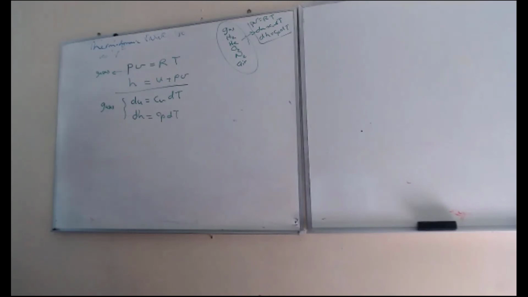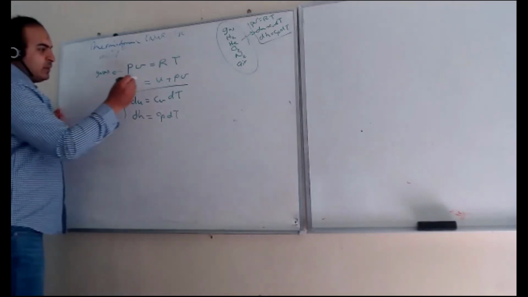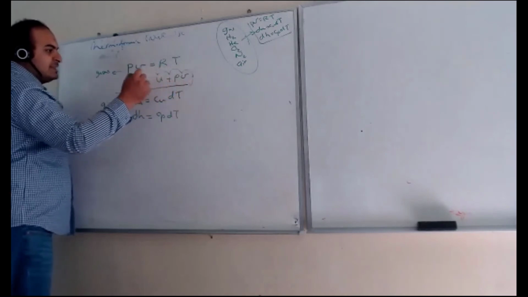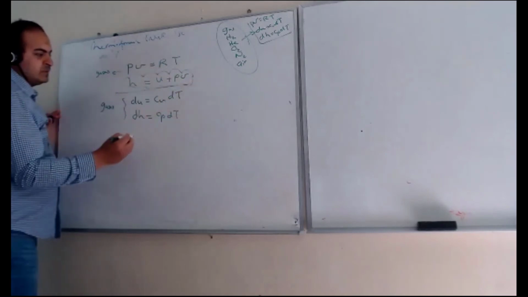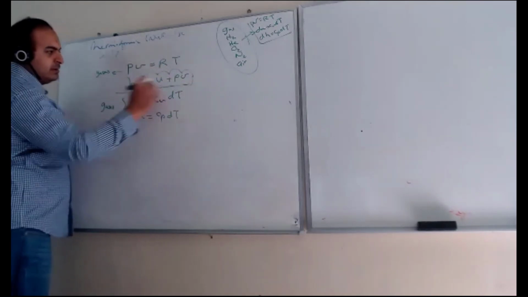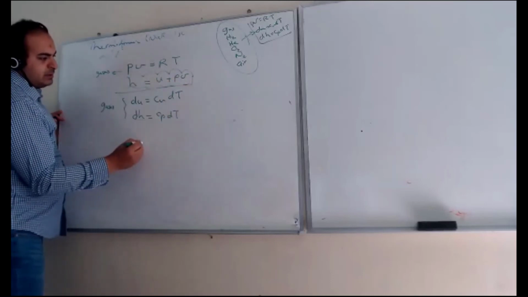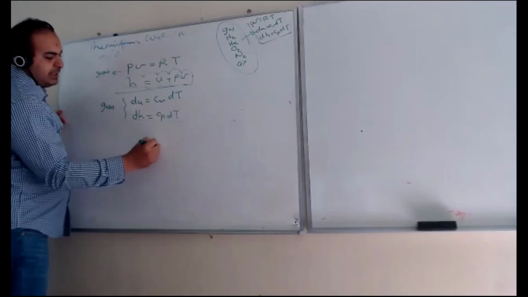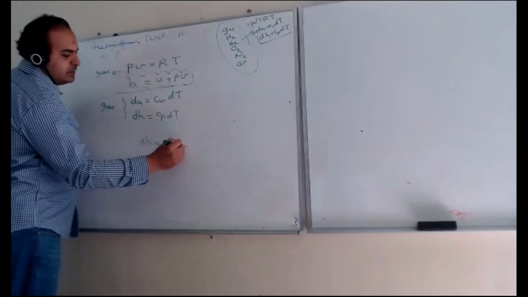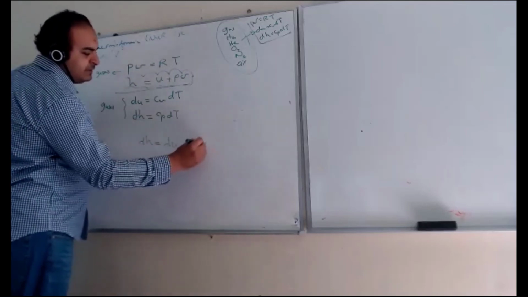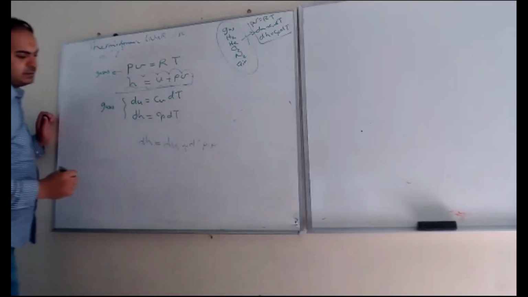So we're going to substitute in this equation. This equation is so important. This is the definition of enthalpy. Let's differentiate this. If you differentiate this, it will be delta H equals delta U plus delta PV, correct?